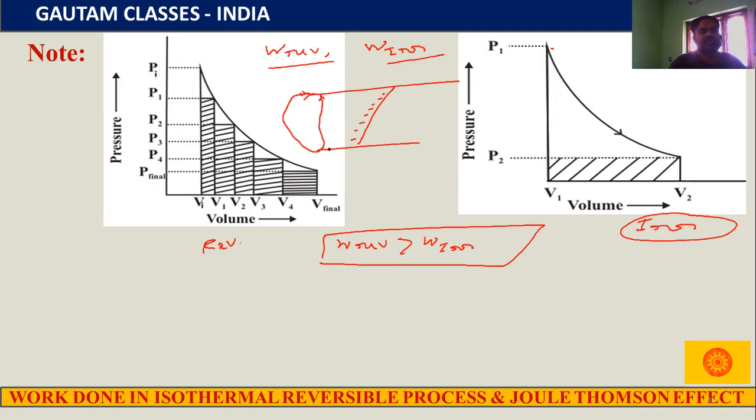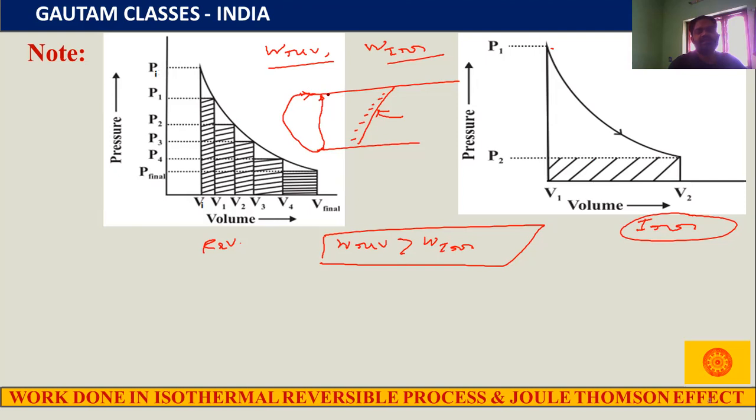Work done by the lift and by a person going by the steps, which one is going to do more work? Definitely the one going through the steps. So work done by the lift will be less as compared to going through the steps, because several small steps are involved. But in the lift case, it goes directly from initial to final.